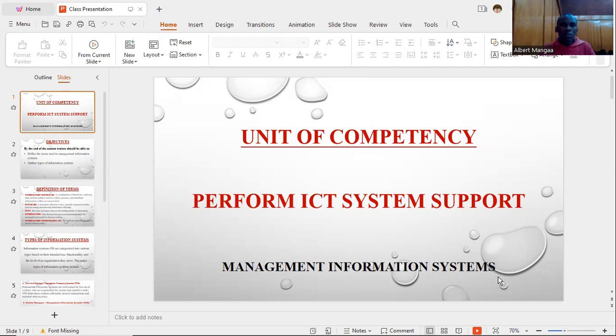We'll be able to define a few terms related to Management Information Systems, and then outline a few types of Management Information Systems. And after that, we shall call it a day. So, as I said earlier, we are learning about Management Information Systems under the unit of competence, Perform ICT System Support.